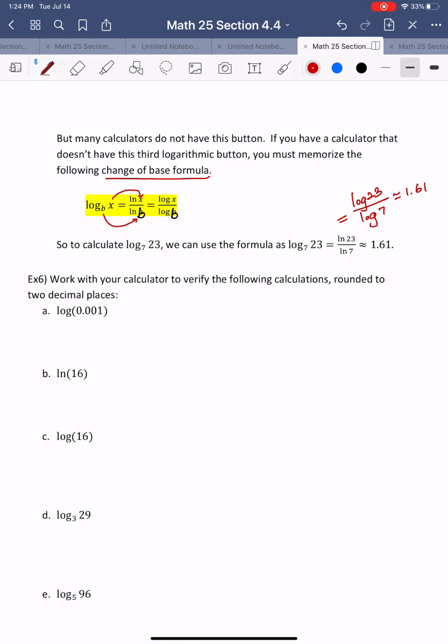Work with the calculator this time to verify the following calculations, rounded to two decimal places. Number one, turn on your calculator and find the log.